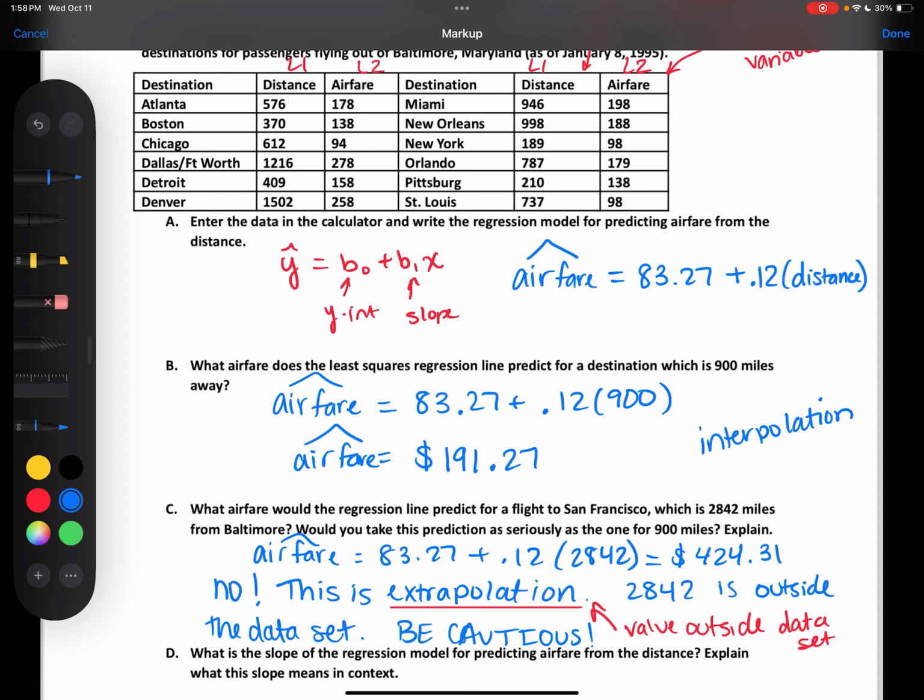And so 900 would be considered interpolation, which is basically that the value is included in the data set. Now, it doesn't mean we saw 900 written in the set, but it means that it fits basically within there. Okay. And so this one specifically would have been.